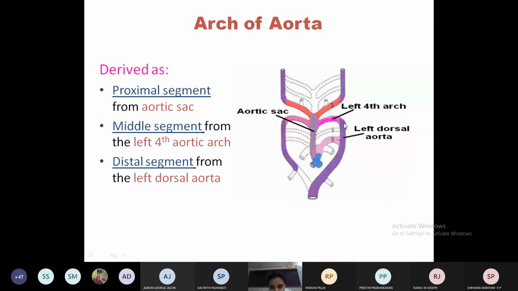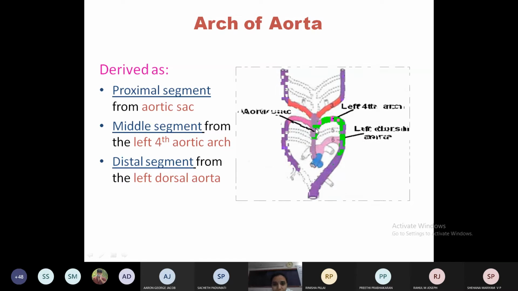Then the distal segment is by the dorsal aorta. So this whole thing is the arch of aorta.